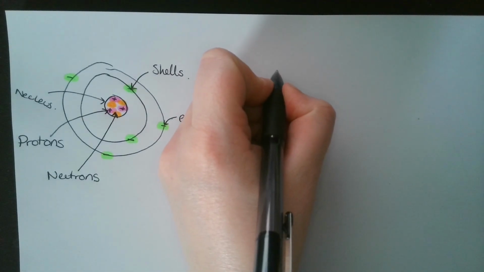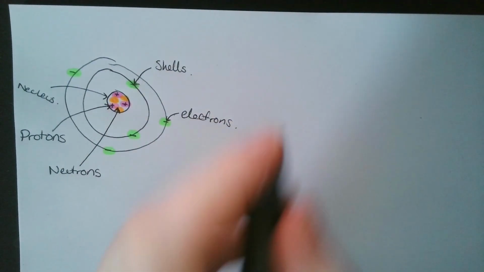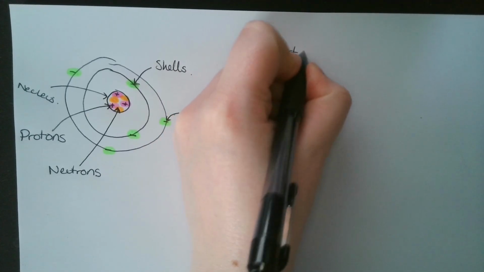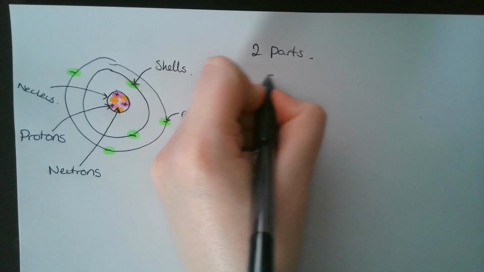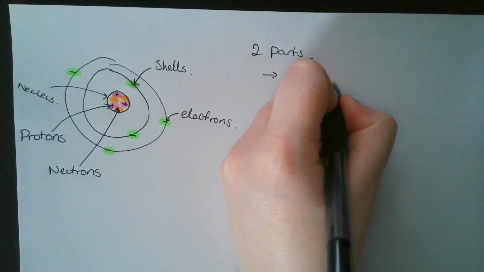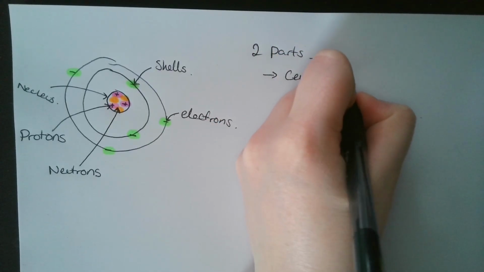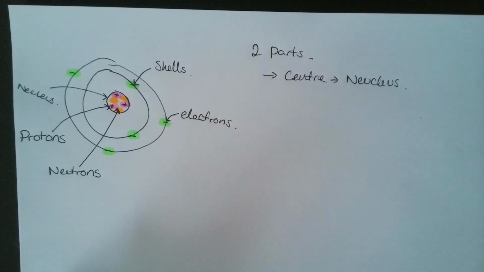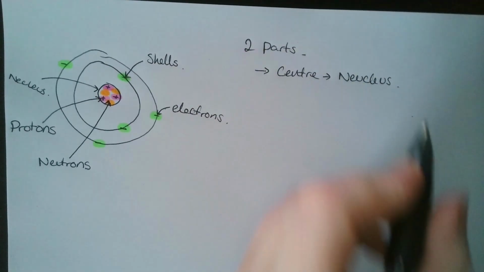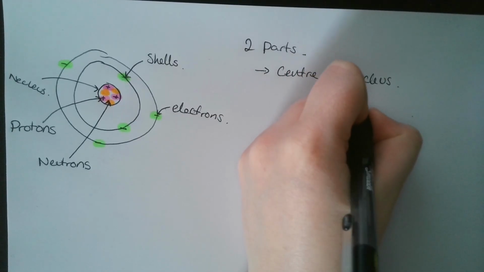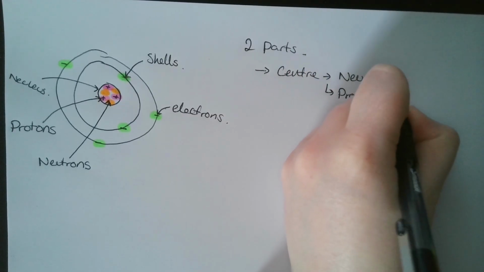So, to summarize, atoms are made up of two parts. We have the center, which is called a nucleus. Now, this nucleus is made up of protons and neutrons.